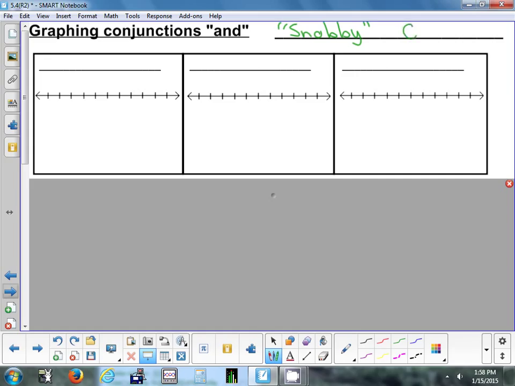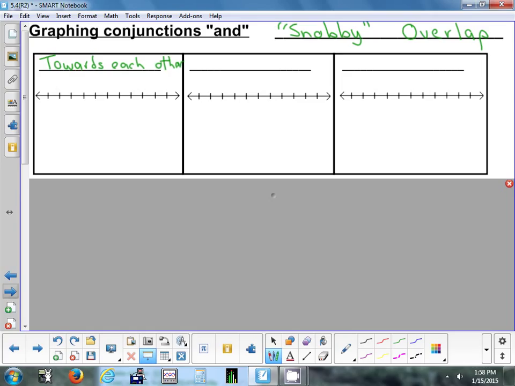All right? This is a situation where we're looking at the overlap. We're going to look at where the lines we graph cross. First, when we did the disjunctions, the first thing we talked about was when they were pointing towards each other.